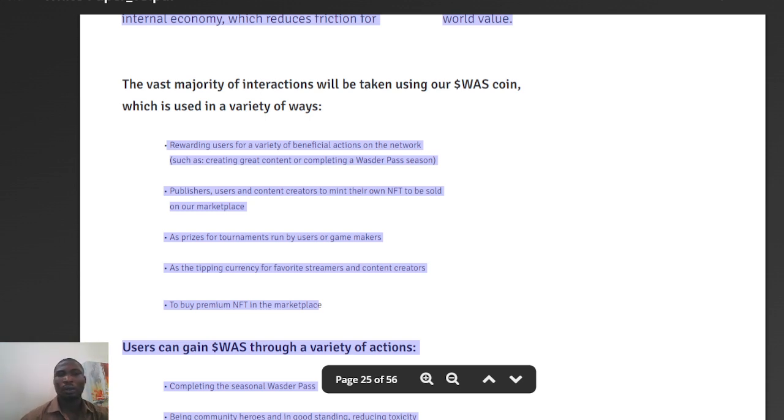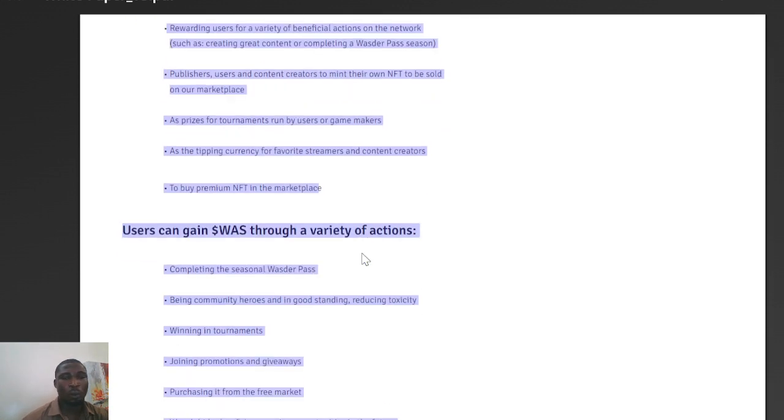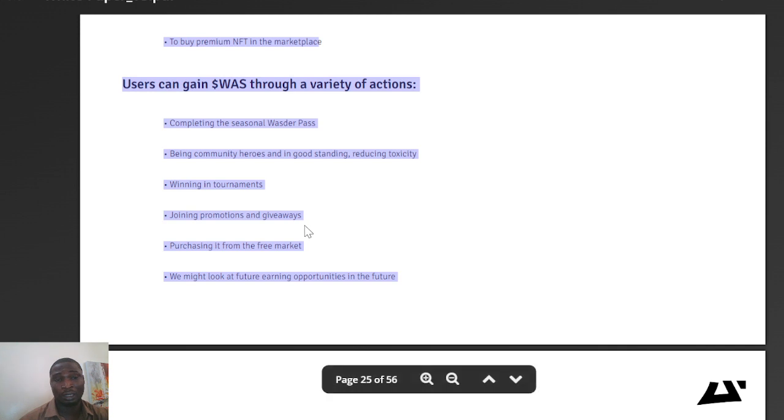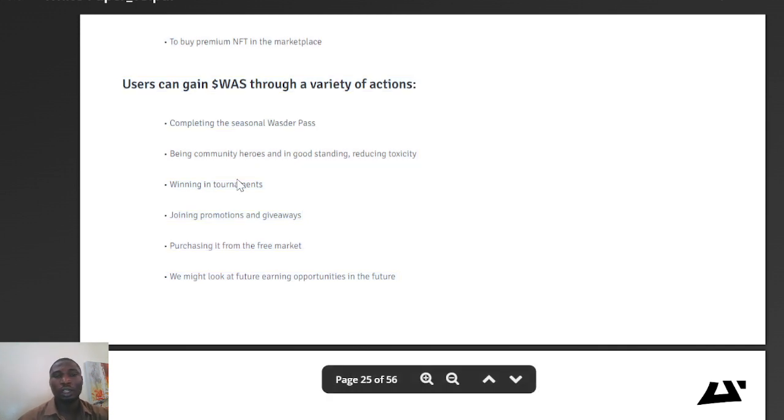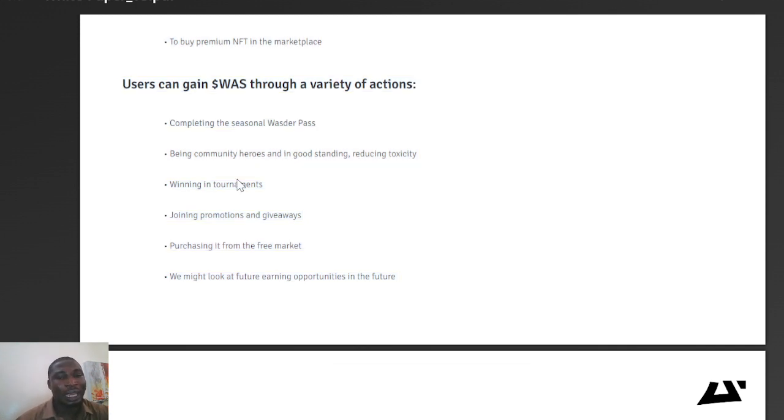Now, moving ahead, one other important point is user gain. Remember, I talked about users gaining through a variety of actions. In what ways can users gain from this token?